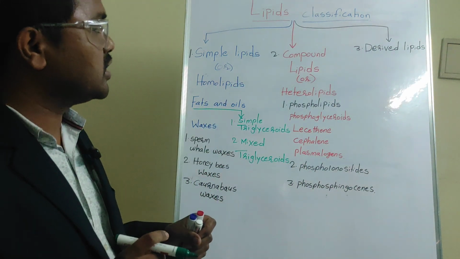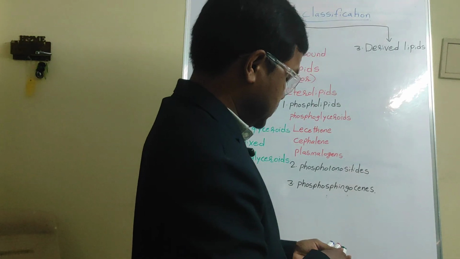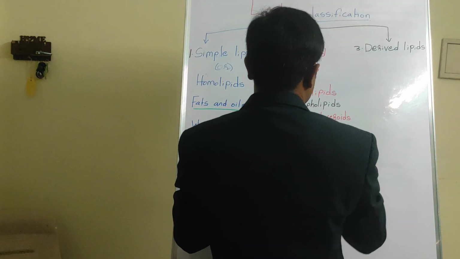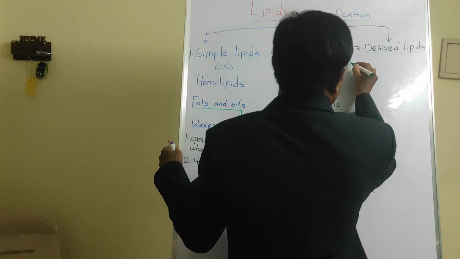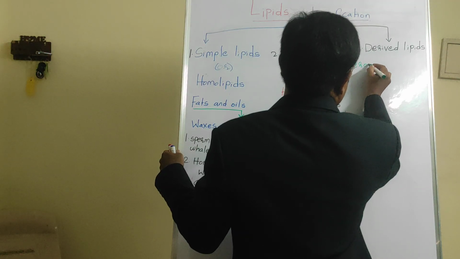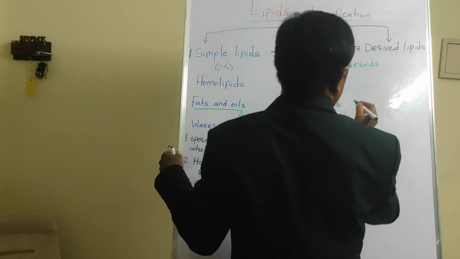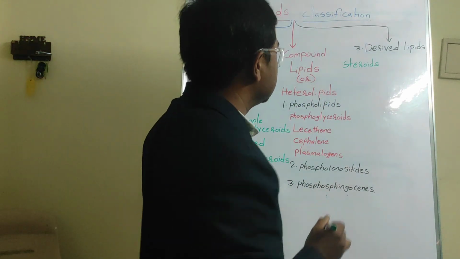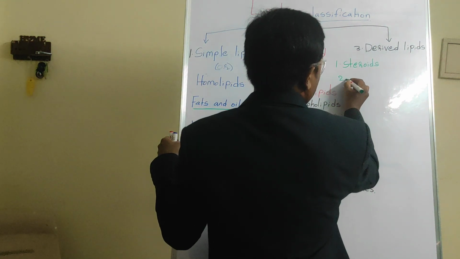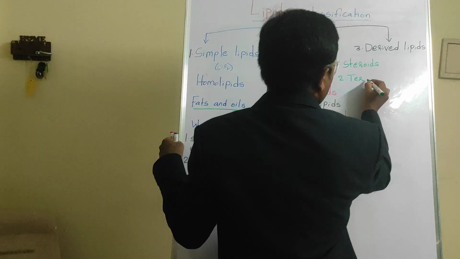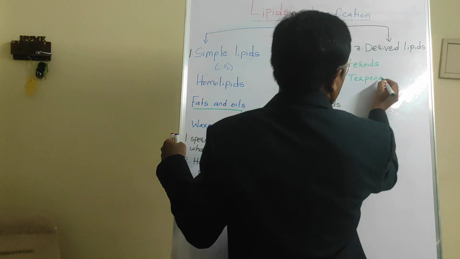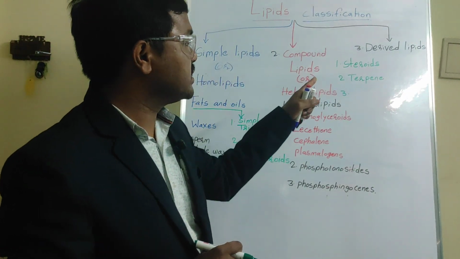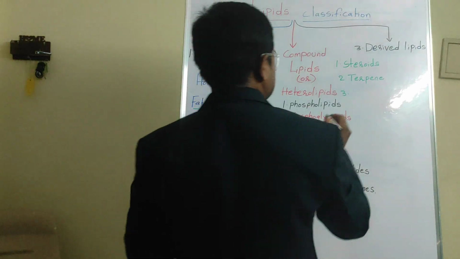Again, derived lipids are classified into three types: steroids, terpenes and carotenoids.